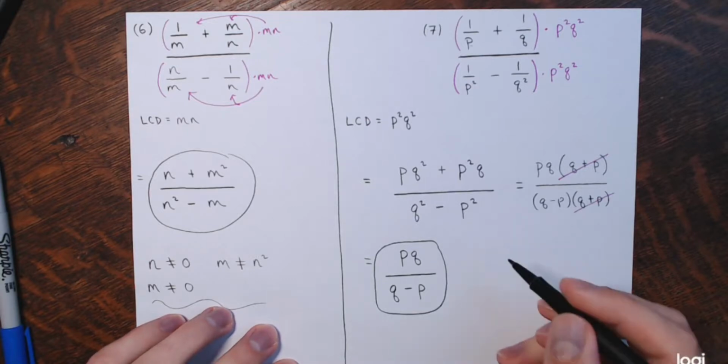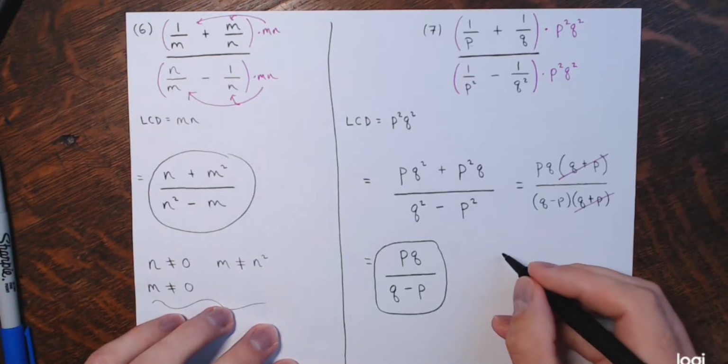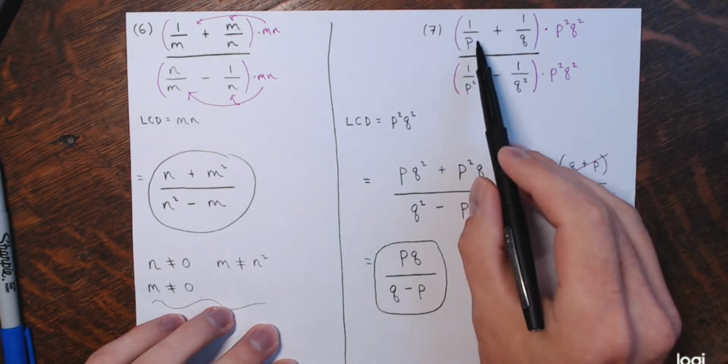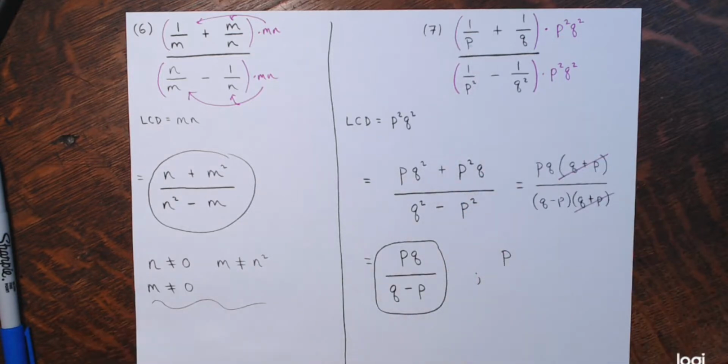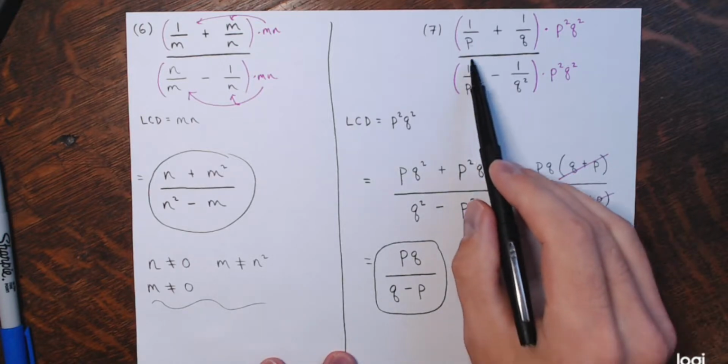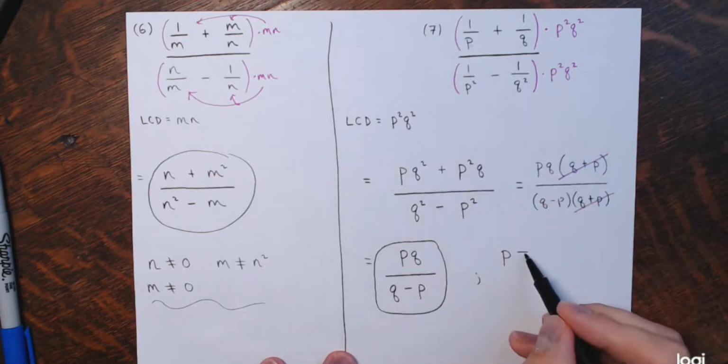And then as before, off to the side, I'm going to put some conditions on the variables. Like I'm seeing, again, throughout the problem, if you see any factors in denominators at all, just make sure that those denominators are not 0. So I'm seeing p and p squared in denominators, right? So p can't be 0.